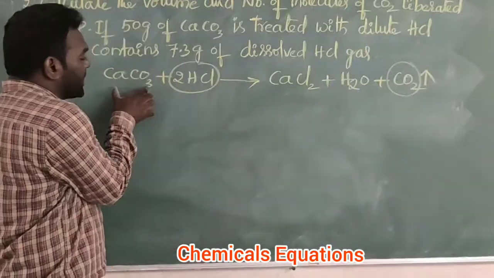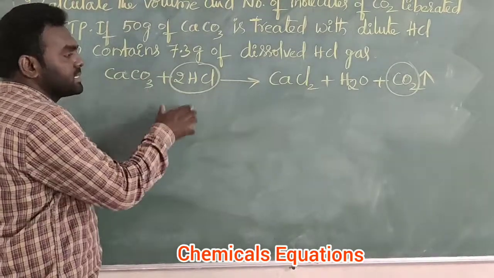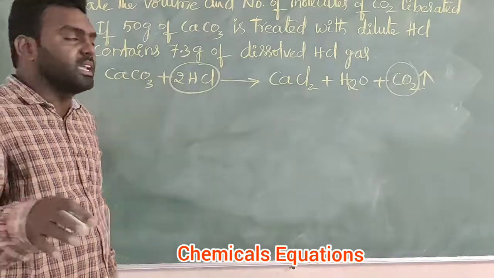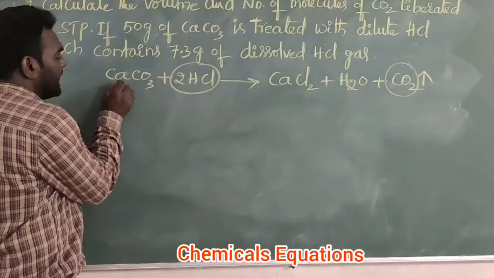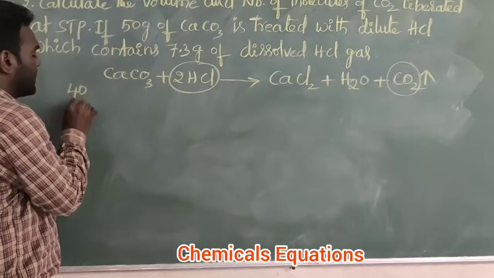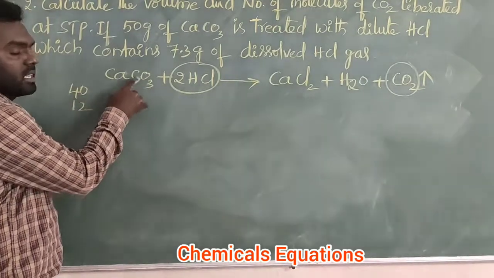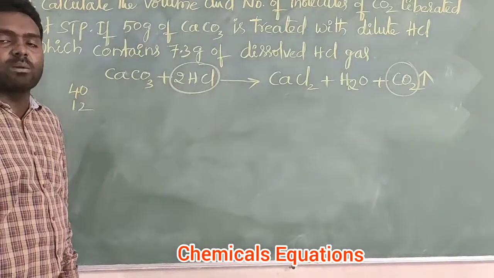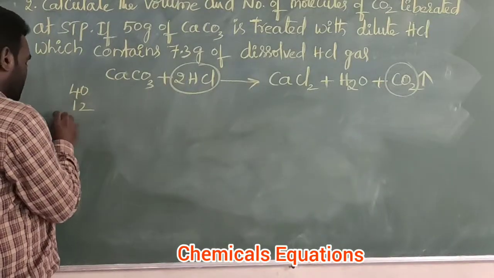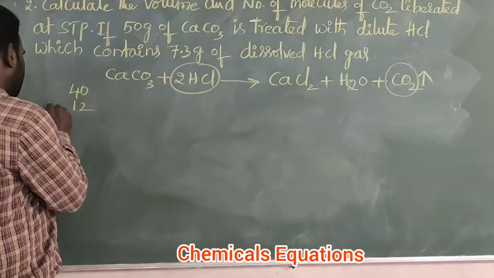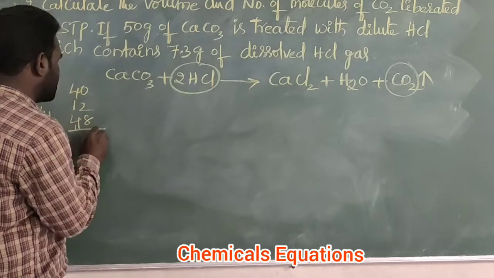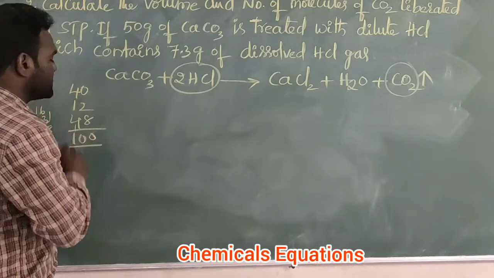By the observation of calcium carbonate, generally this is called a stoichiometric equation. First you write the weights in the equation. See here, the atomic weight of calcium is 40, and the carbon is 12 grams. And here the 3 oxygen atoms, every oxygen atom is 16, so 3 into 16 is 48. So the weight is 100 grams.